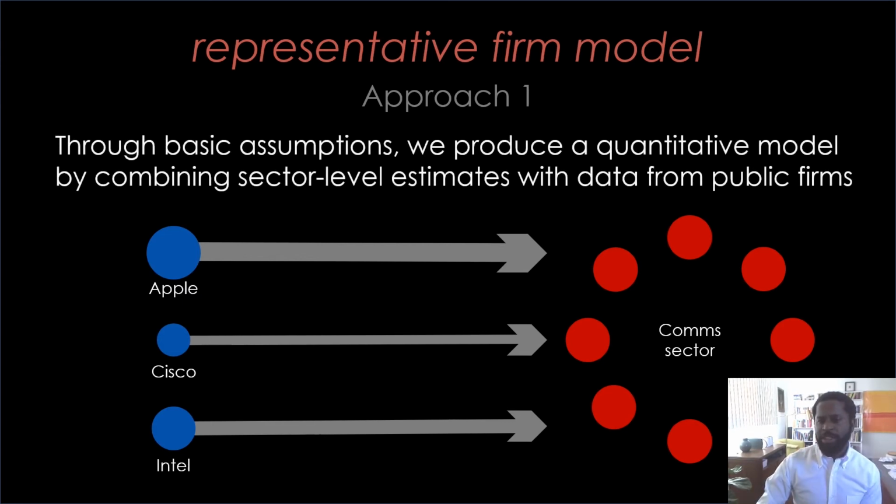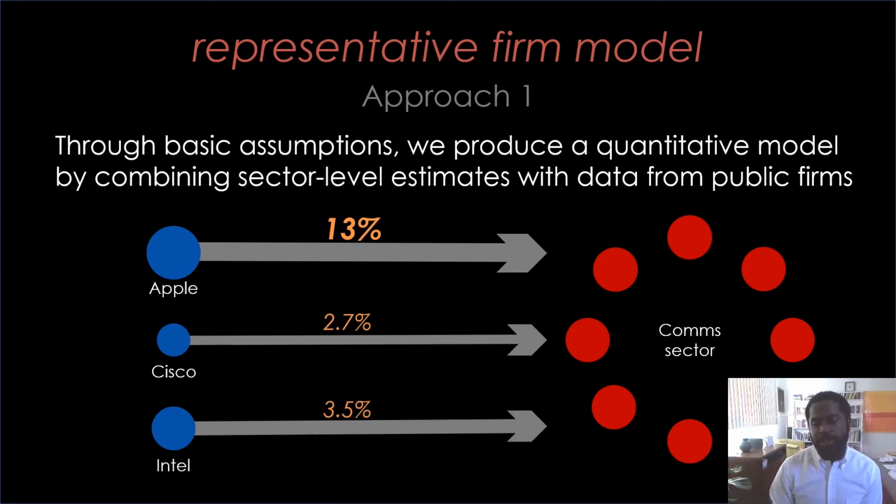We can use some basic assumptions to produce a quantitative model combining the sector analysis with data from public firms, a representative firm model approach. To explain what that means, Apple is 13% of the tech sector by revenue. So if we take the input-output linkage going from tech to communications, we scale that down to 13%, and that is what we assume are the flows going from Apple to communications. Then we can do the same thing for Cisco, which is 2% of the tech sector, so we scale it down to 2% on that linkage.